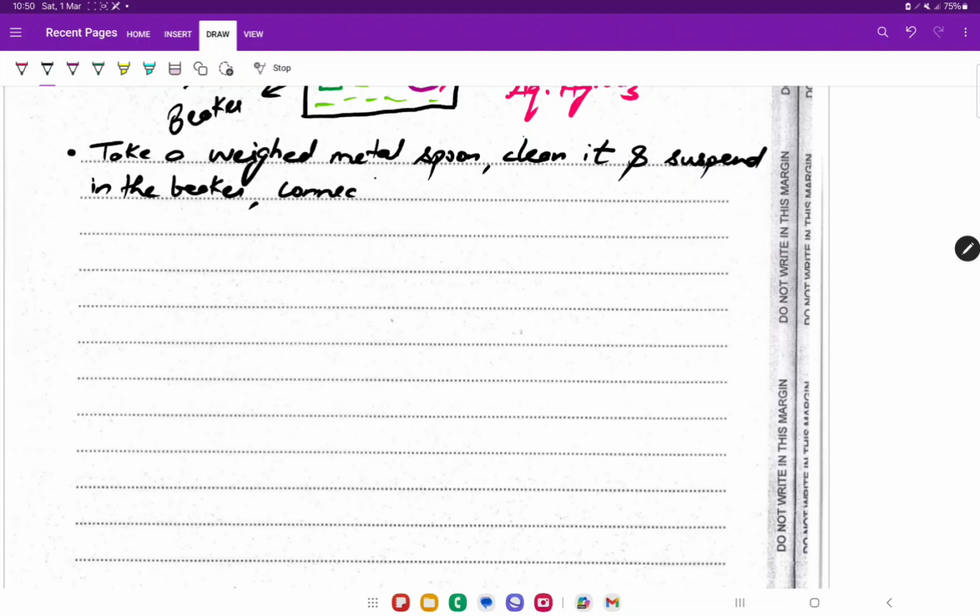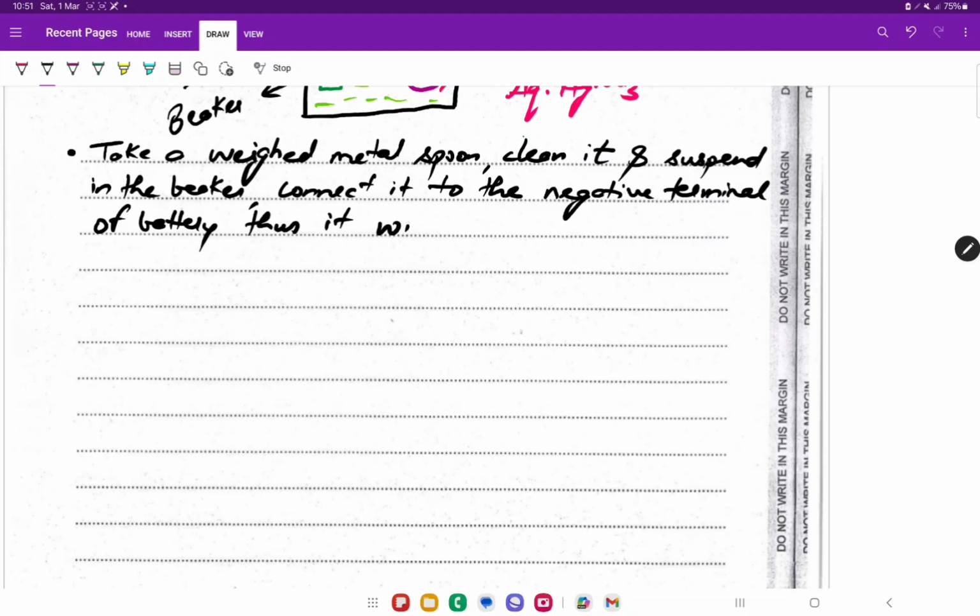Connect it to the negative terminal of the battery. Thus it will act as the cathode. This is the first pointer which we should write.